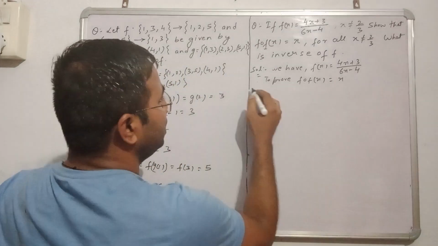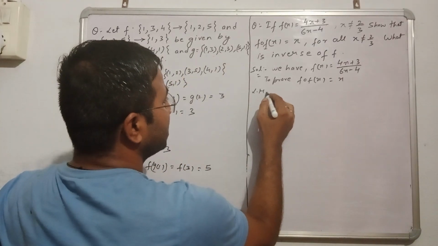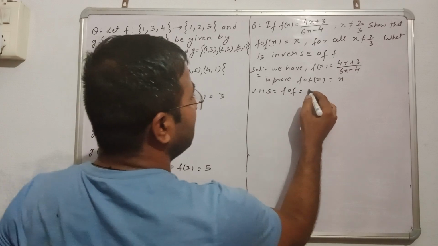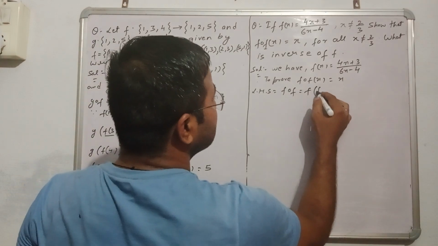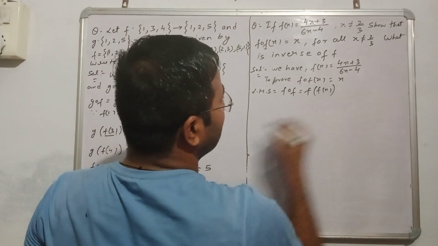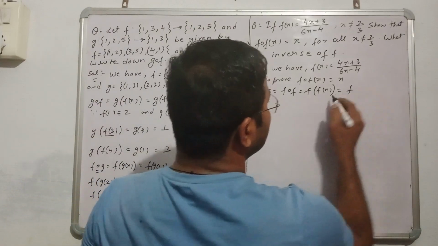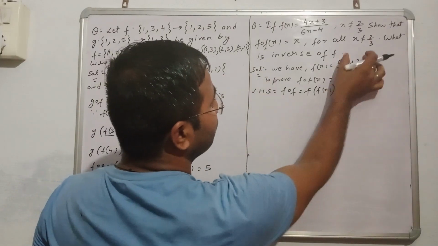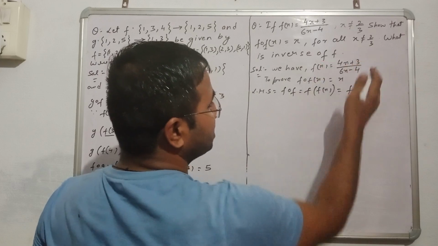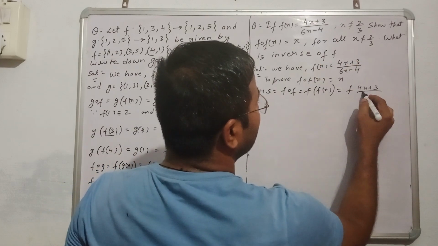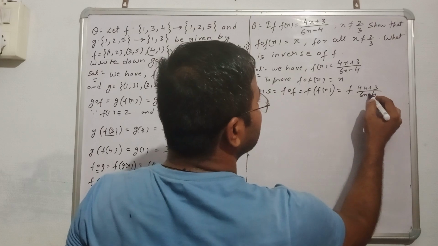Now for proving, take the LHS part. LHS part is fof. Now how will you write fof? Function of function f(x). So function of f(x) is what? This is the value of f(x). So in place of this you will write 4x plus 3 upon 6x minus 4.